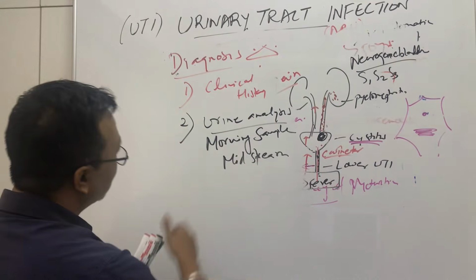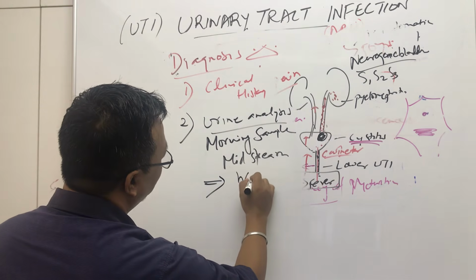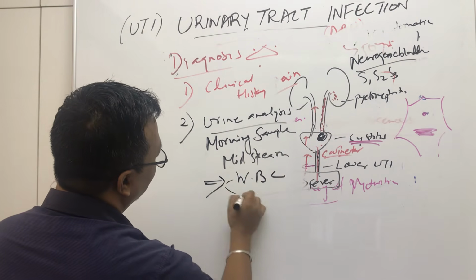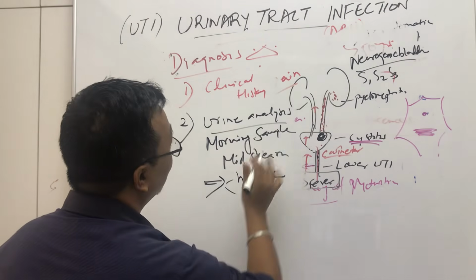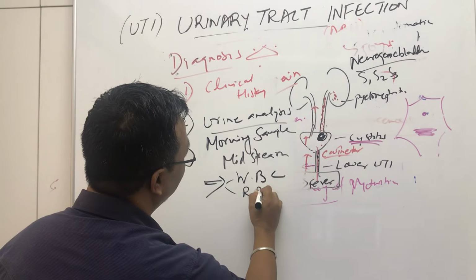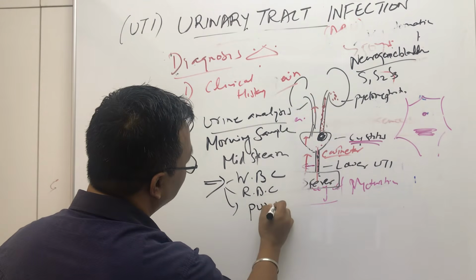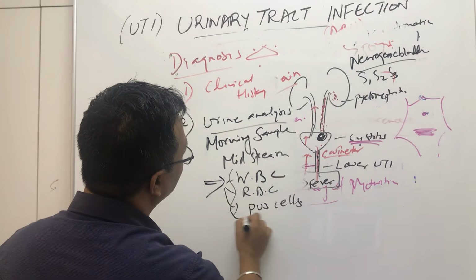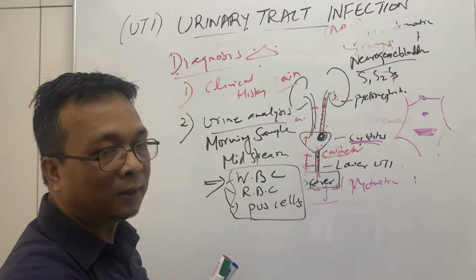Then this urine sample should be analyzed, and you will see what you will see in the microscope. You will see plenty of white blood cells. Okay. Sometimes, rarely, there can be hematuria also in UTI. In pyelonephritis, you can sometimes see RBCs. You can see some pus cells. So all these are signifying that it is UTI.